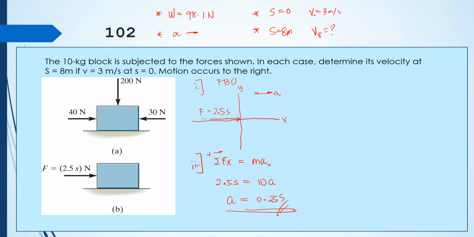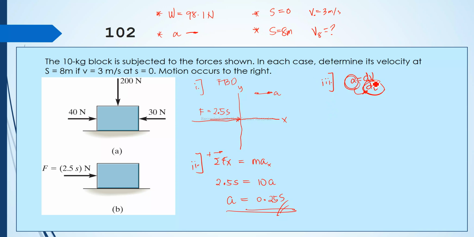So it means that the acceleration is not constant; it increases as the displacement, or the distance traveled by the block, also increases. So we cannot apply the constant acceleration kinematic equation. What are we going to use to get the velocity? We cannot use a equal to dv over dt because the acceleration should be in the equation as a function of time.